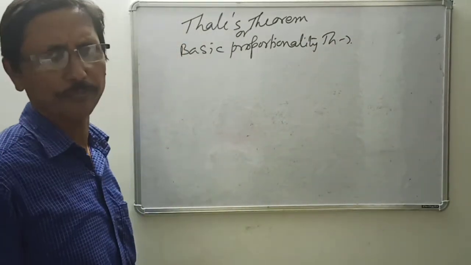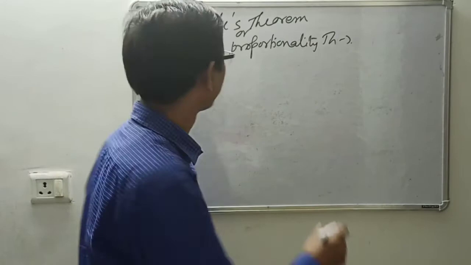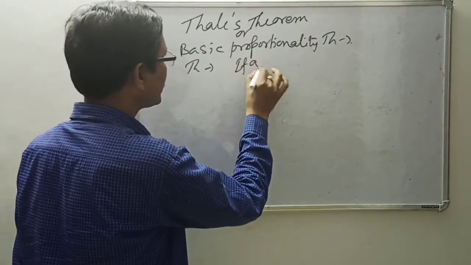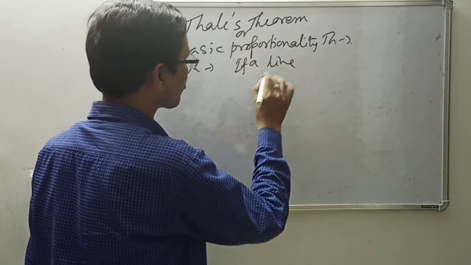What is that theorem? First see the statement. What is the theorem here? If a line is drawn, what type of line, dekho?